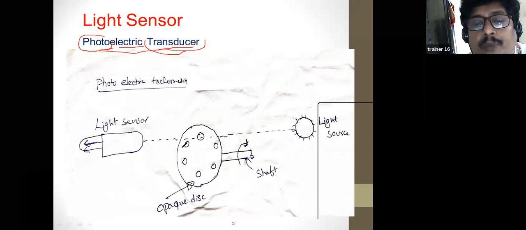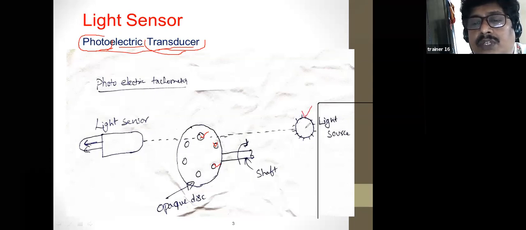An opaque disc is mounted on the shaft whose speed has to be measured. On the periphery of the disc there are small circular holes, and on the two sides, one is a light source and the other is a light sensor.